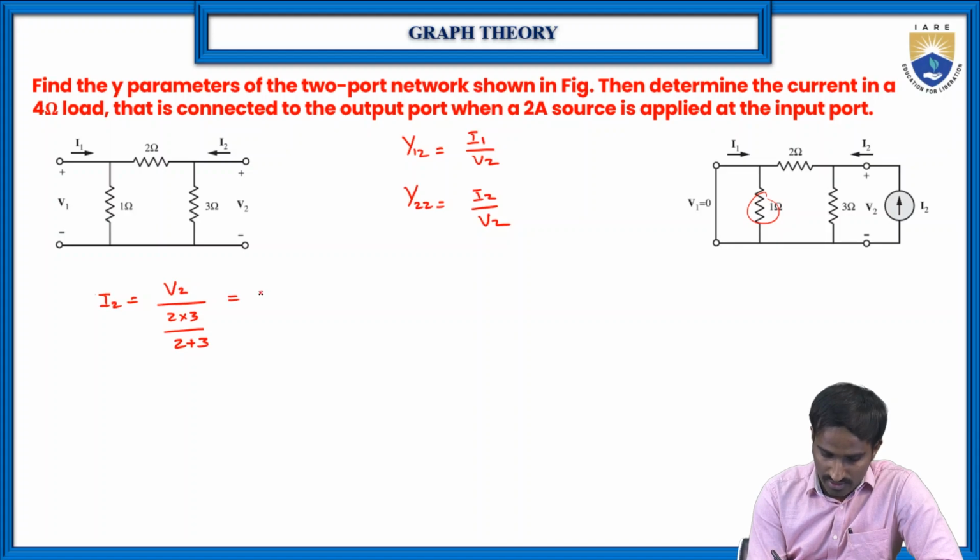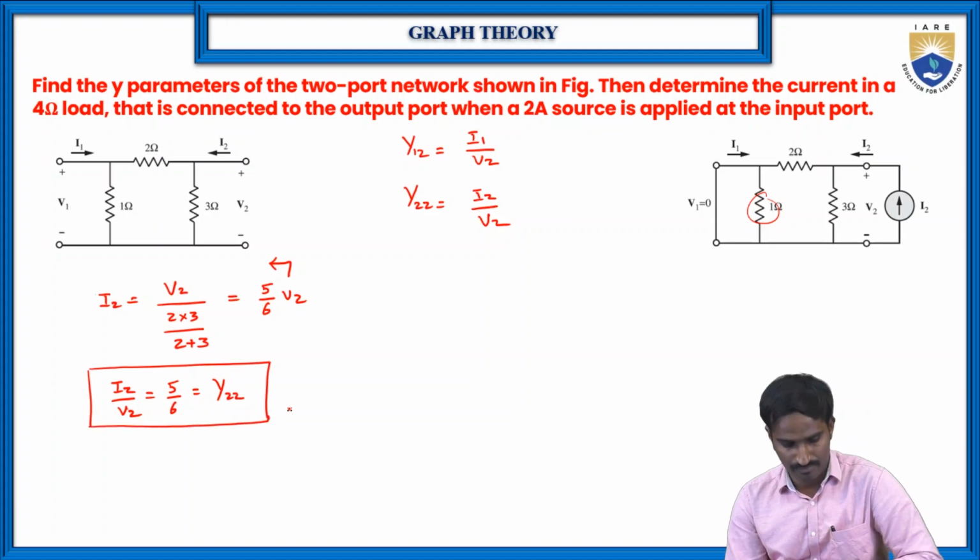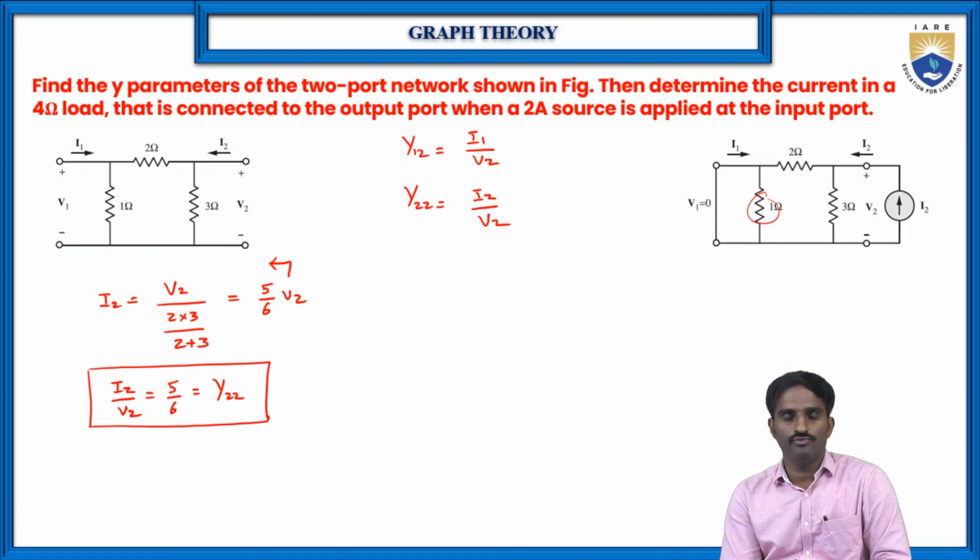Then which is equal to 5 by 6 into V2. Then send this V2 to this side. So here I2 by V2 is equal to 5 by 6, which is equal to Y22. Right? So this is the way to find the Y22.